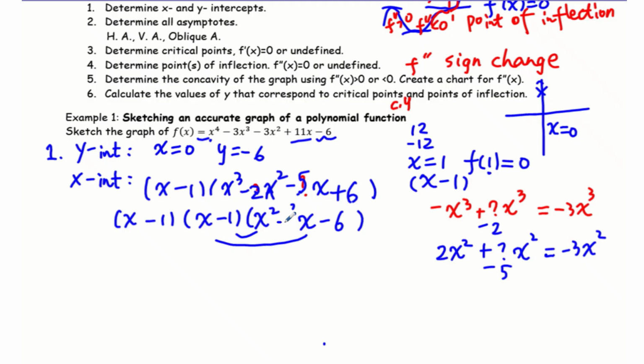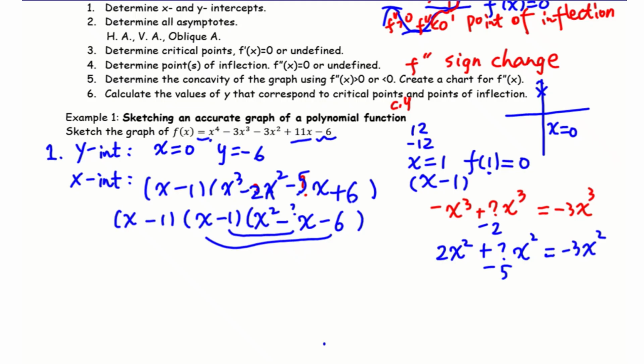So it will be minus 1 x squared gives us negative 2x squared. Then we can use the x term to double check. For the x term, these two times give us x term, and these two times give us x term. So minus 1 minus x is positive 1x. Then minus 6x, 1 minus 6 is minus 5x.